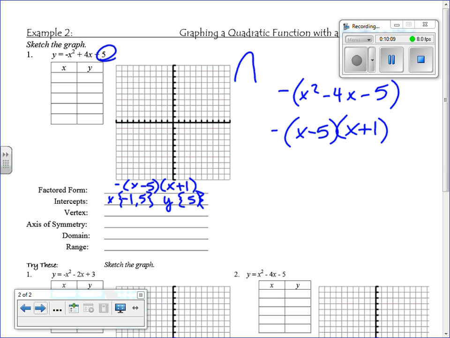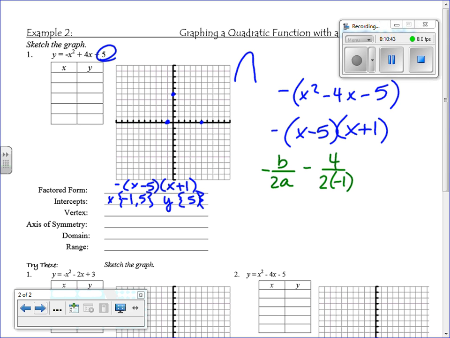So 1, 2, 3, 4, 5. And I go back 1. Oh, yep. Negative 1 and positive 5. 1, 2, 3, 4, 5. So now let's find our axis of symmetry. I have negative b over 2a. My b value is 4 over 2 times negative 1.